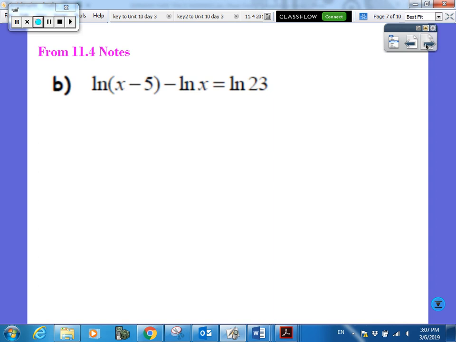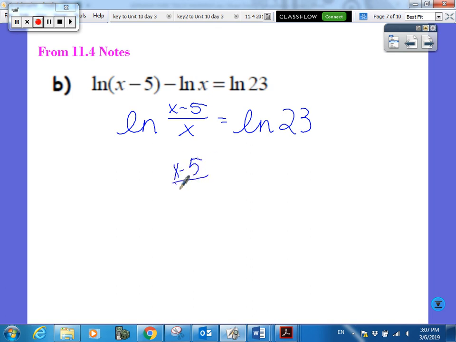Using our law number 2, we can say this is the natural log of x minus 5 over x equals the natural log of 23. And now, according to law number 3, since we have natural log of something equals natural log of something, those two somethings are equal. So we can say x minus 5 over x equals 23.